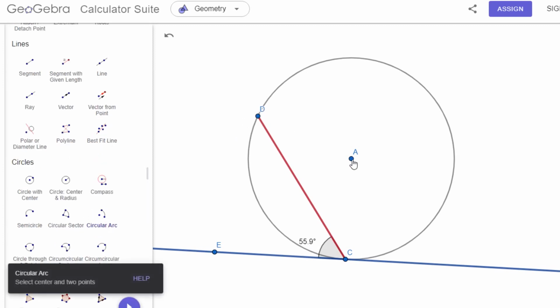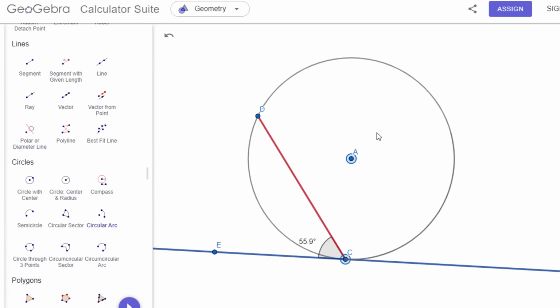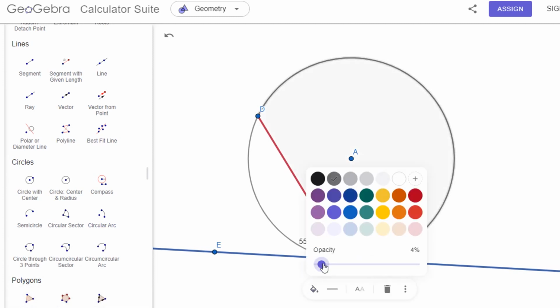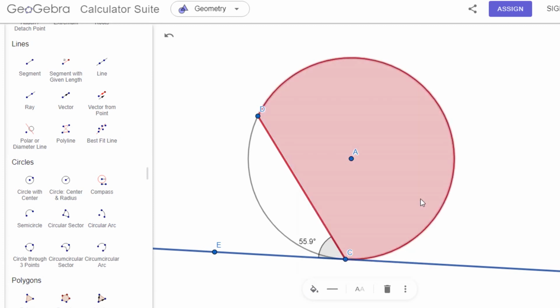Let me first click the center point like so, then let me do like so that you can see the alternate segment. As you can see, that's the segment we're talking about right there. So yes, that's the alternate segment. Okay, we have two segments.